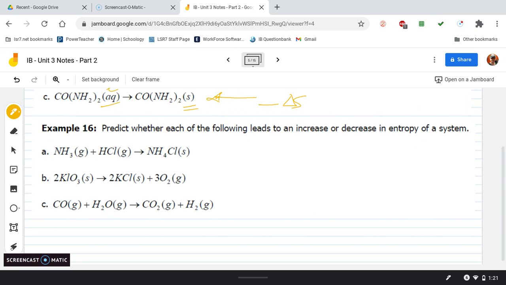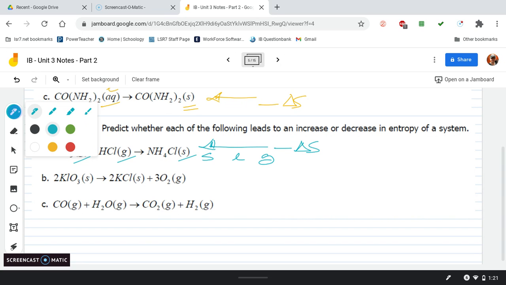We've got, change our pen color here, gas, gas, and it turns into a solid. So that's pretty easy. We are going from gas to solid. We're going this way, negative delta S. We're going away from the gas and towards the solid, right? So like that concept right there.